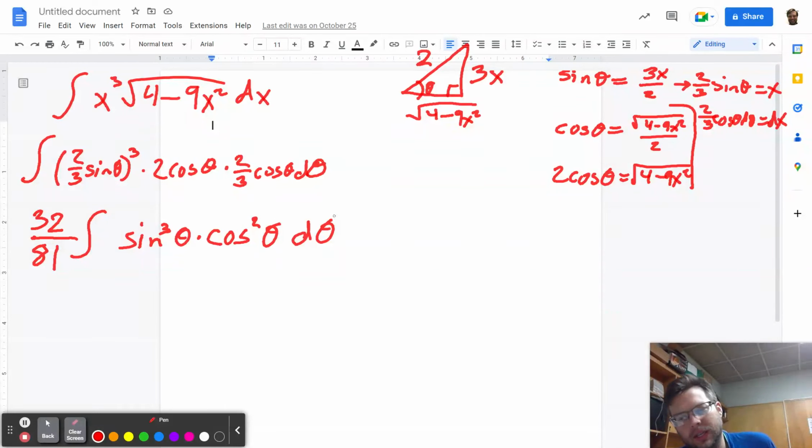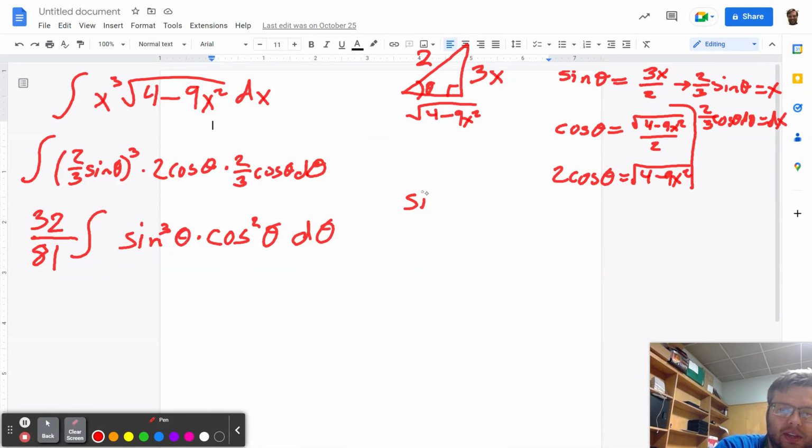Okay. So when you've got sines and cosines remaining, you want to break it down so that you can do a u substitution. When I see an odd power of sine, I know that I can use the fact that sine squared theta plus cosine squared theta equals 1. So sine squared theta can be replaced with 1 minus cosine squared theta.